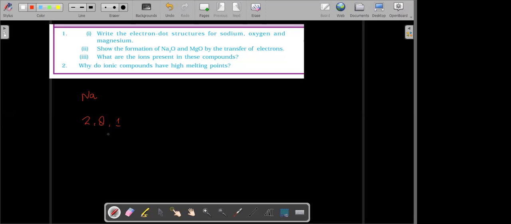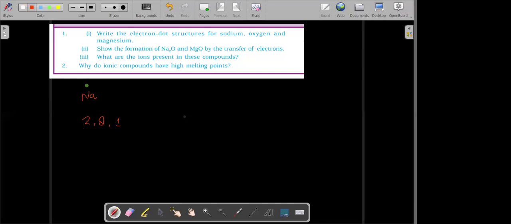Just one dot will be drawn over this, which represents a sodium atom with just one electron.